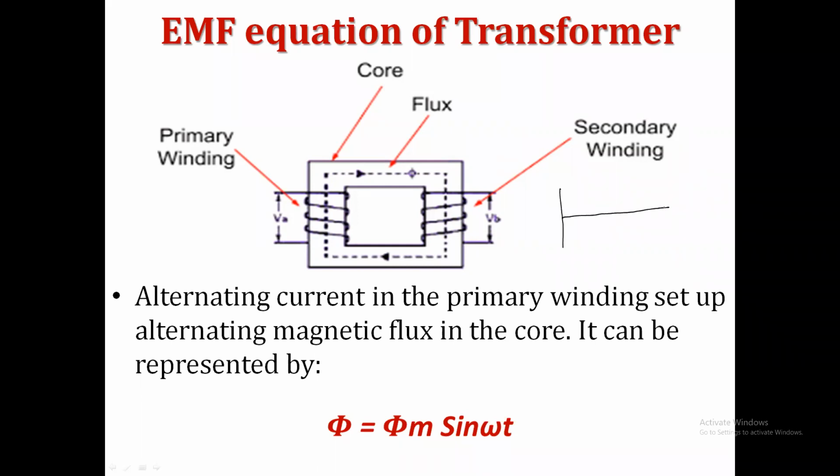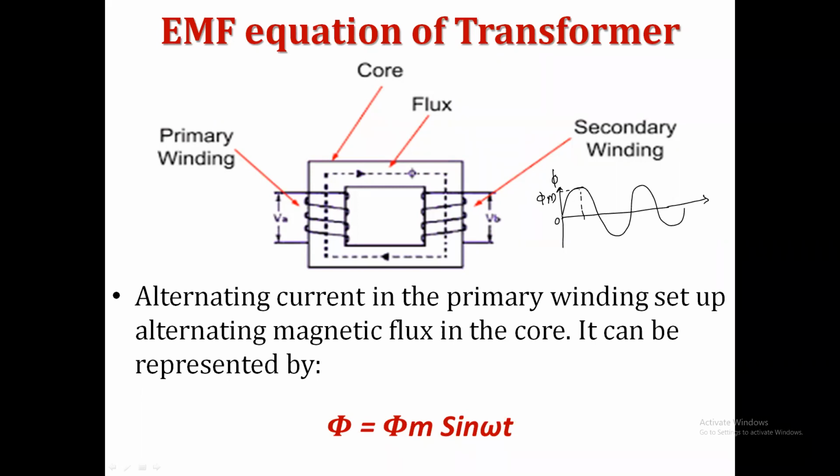So as I say, due to this alternating current, alternating magnetic flux is set up in the core. This is the flux phi, and phi m is the maximum value of this flux. As the current changes its magnitude as well as direction, the flux also changes its magnitude as well as its direction.